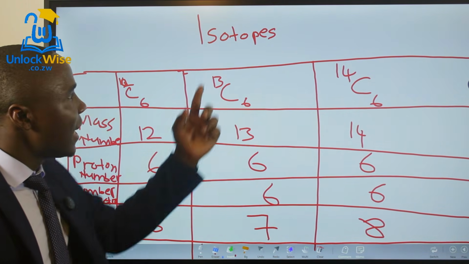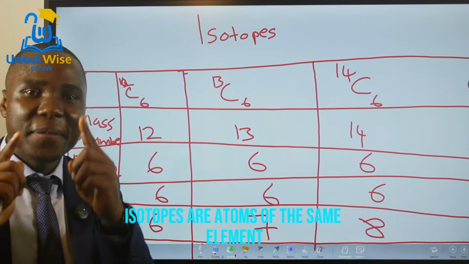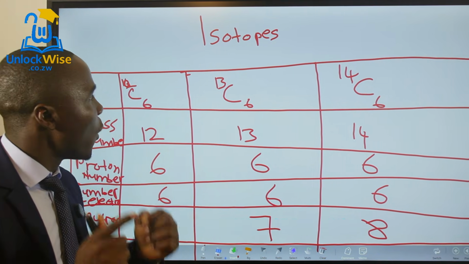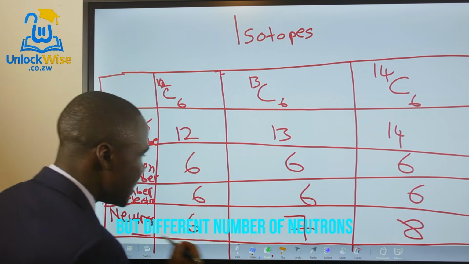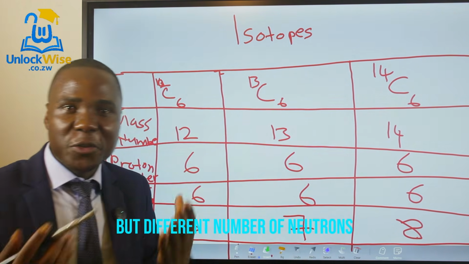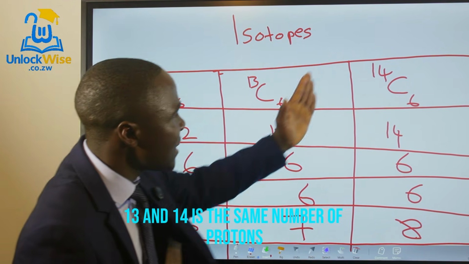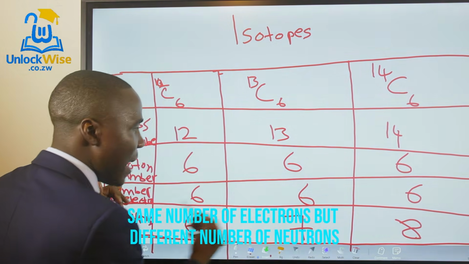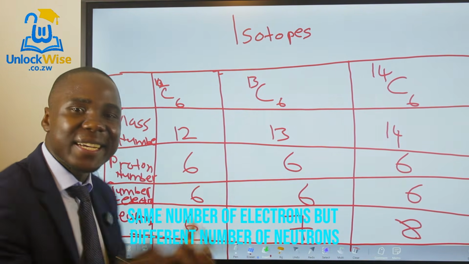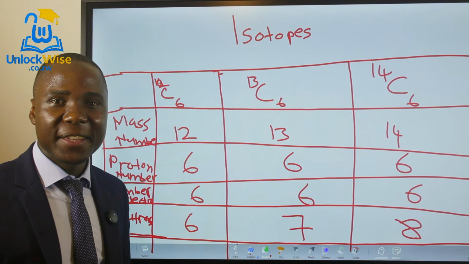Recall the definition. We said isotopes are atoms of the same element with the same number of protons, but different number of neutrons. So as you can see, carbon 12, 13, and 14 have the same number of protons, same number of electrons, but different number of neutrons.